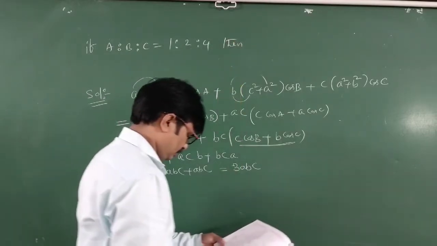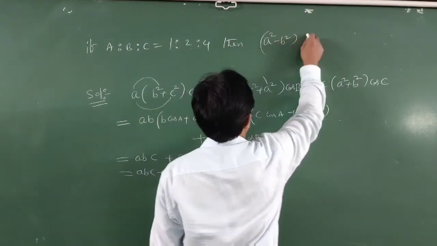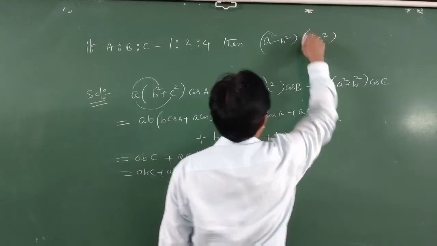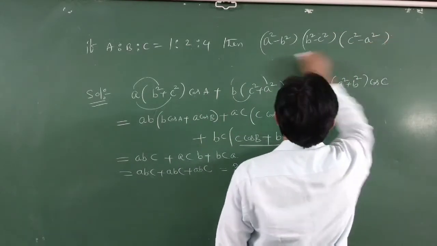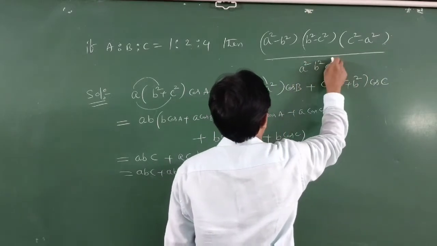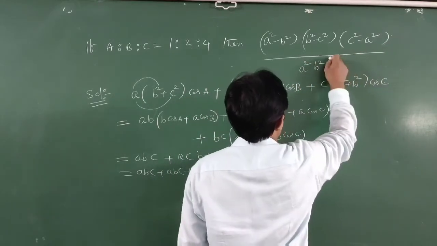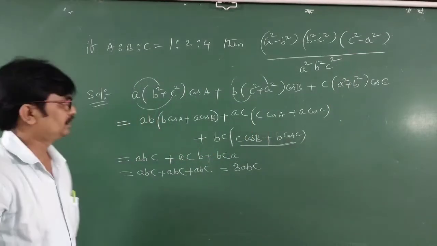Then find the value of (a² − b²)(b² − c²)(c² − a²) upon a²b²c². Is it clear?